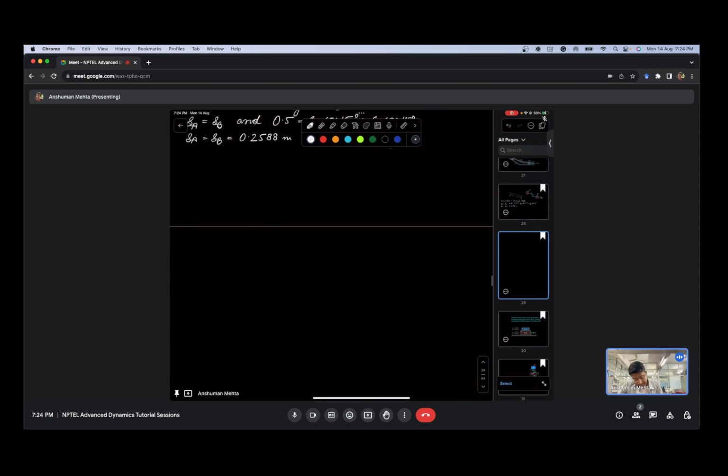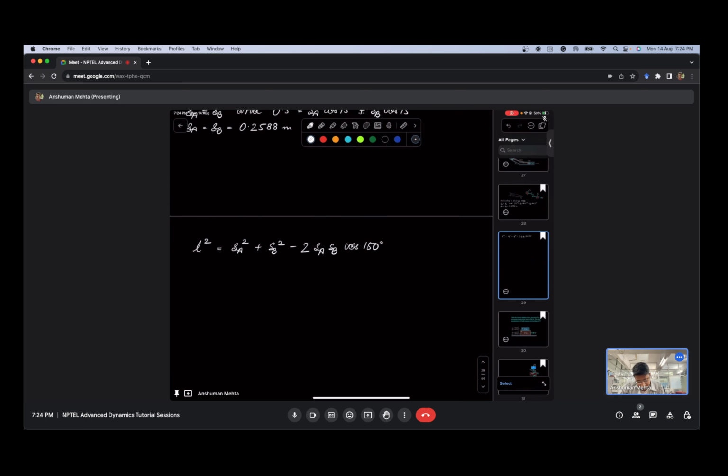Similarly, L square is equal to S of A square plus S of B square minus 2 SA SB cos 150 degree.